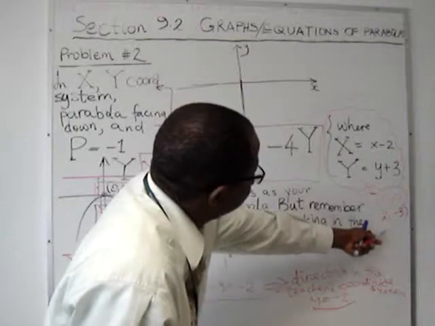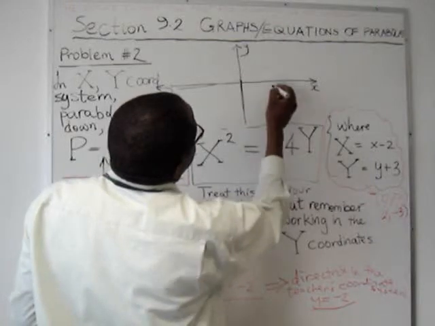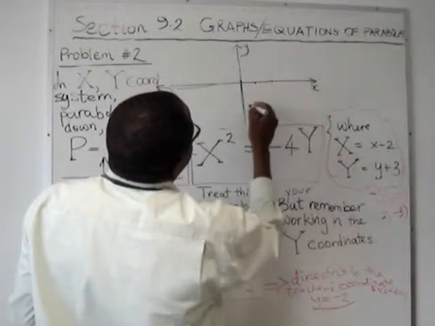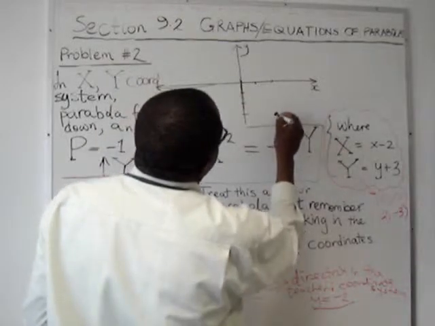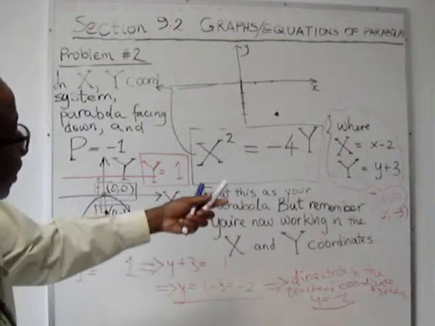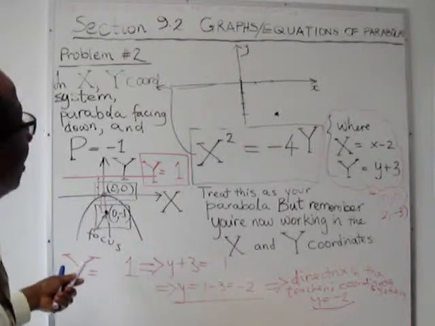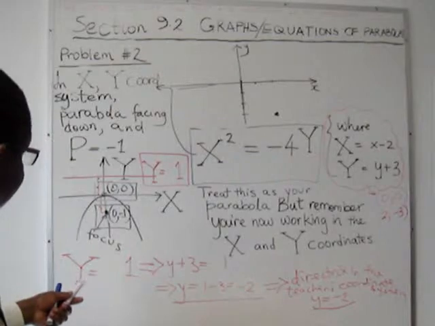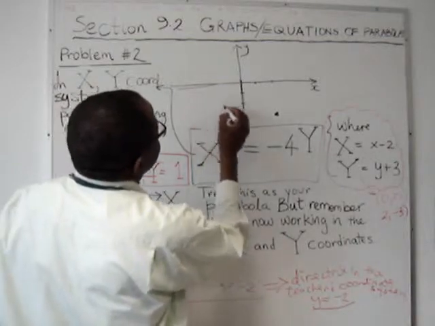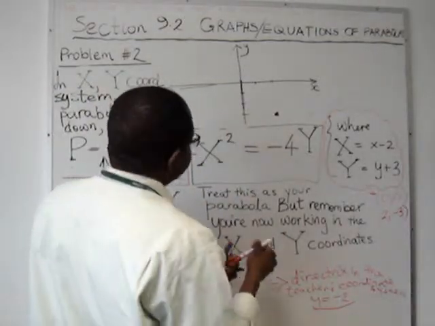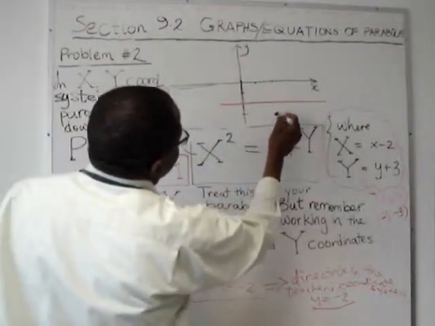We know its vertex is at 2, minus 3, so its vertex is at x equals 2, y equals minus 3, somewhere here. Its directrix is y equals minus 2, so its directrix is here. And its vertex is here.